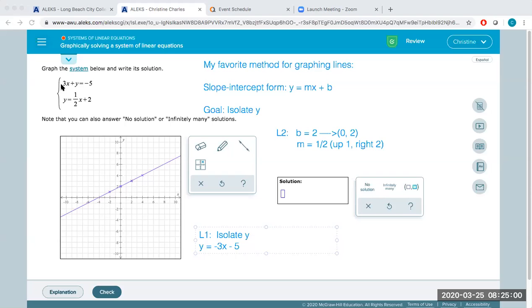I just subtracted 3x from both sides. Okay, so that means my b value is negative 5, which means my y-intercept is 0, negative 5. Remember, if there's a negative here, take it with b.